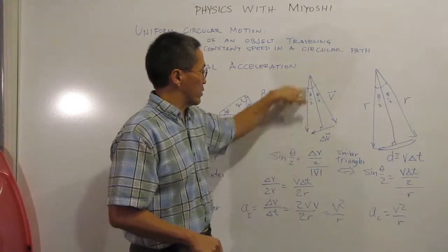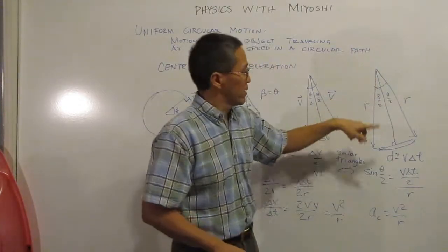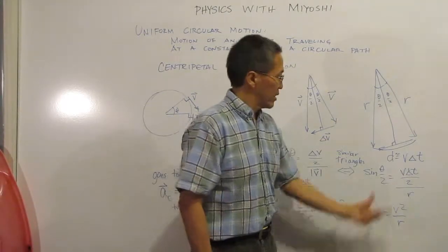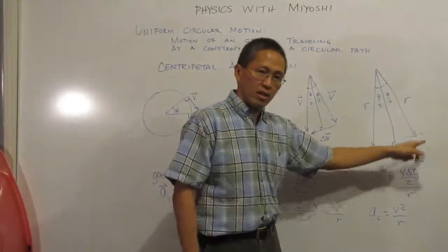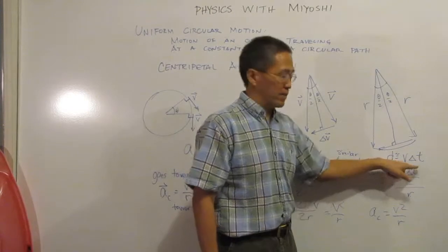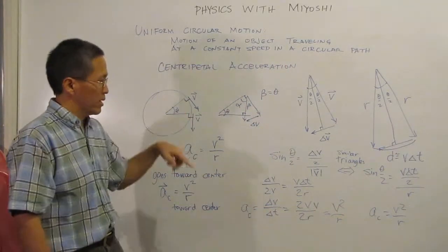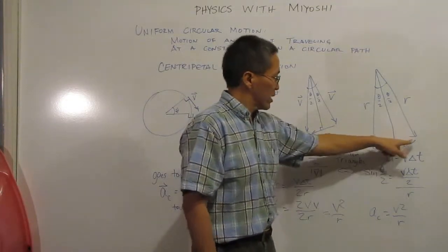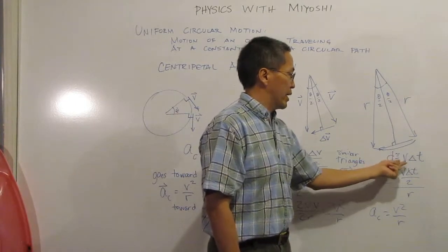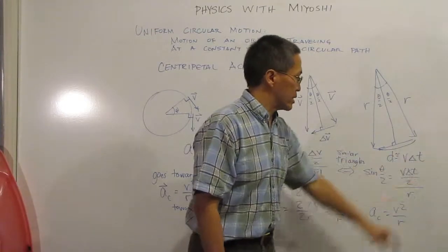If I draw a different triangle representing my radius and the change in distance, this change in distance, even though it's along this arc, gets closer and closer to the approximation of v times delta t, where v is the constant speed going around. The distance it travels gets closer and closer to that straight line, and its magnitude would be my speed times my change in time.